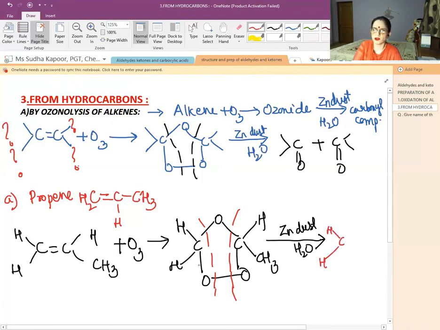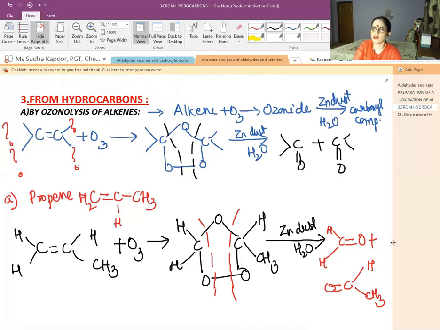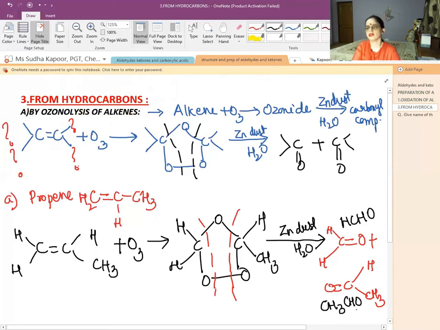HCHO, the single bond O is converted into a double bond O, plus CH3CHO. You can see that on both sides it is H. Even if there is one H, we are going to call it an aldehyde. So the upper one is HCHO and the lower one is CH3CHO. In this case, we got both aldehydes, but these aldehydes are different because the attachments to the C double bond C are different in nature.